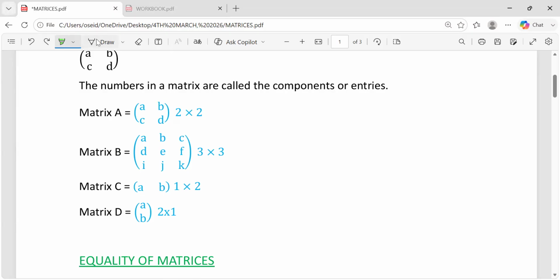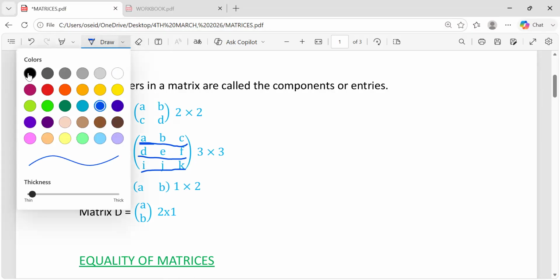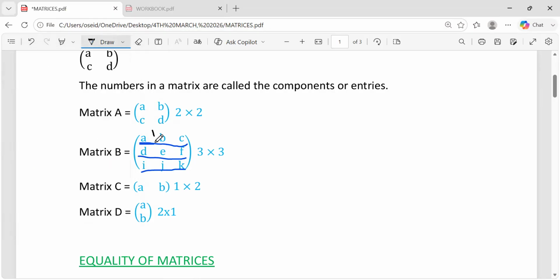So we can see from here that we have row 1, row 2, and row 3. At the same time, we have column 1, column 2, and column 3, making it a 3 by 3 matrix, with three rows and three columns.